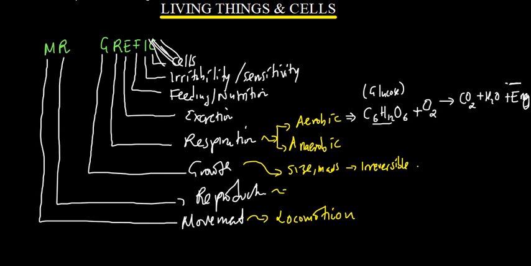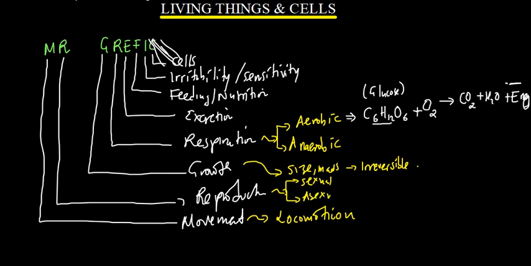What is reproduction? Reproduction is just a process by which living organisms produce their young ones or their offsprings. And there are two types of reproduction. We have what we call sexual reproduction and asexual reproduction.